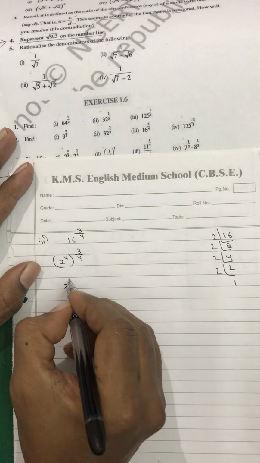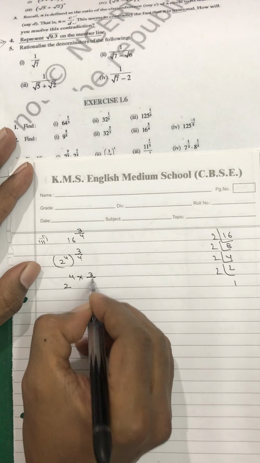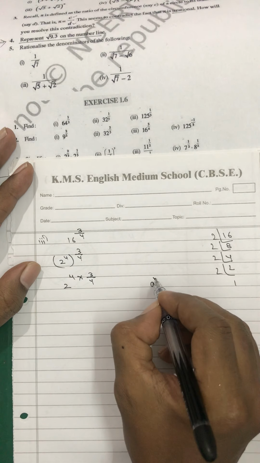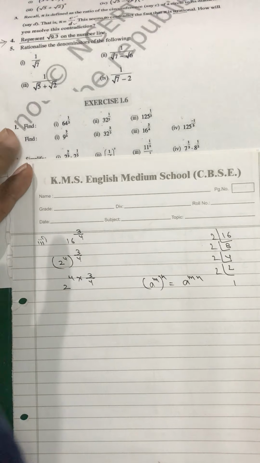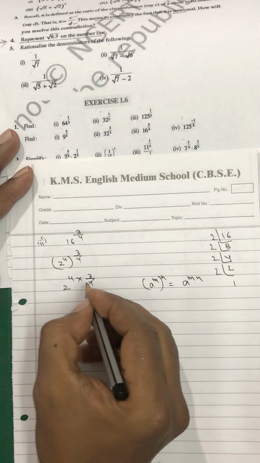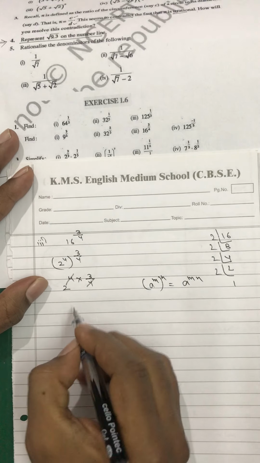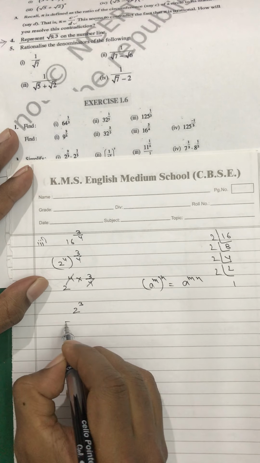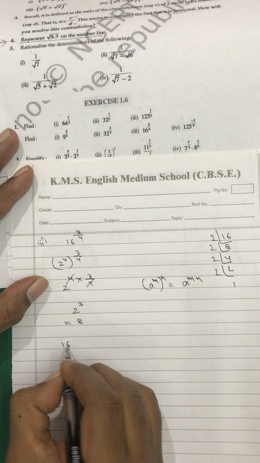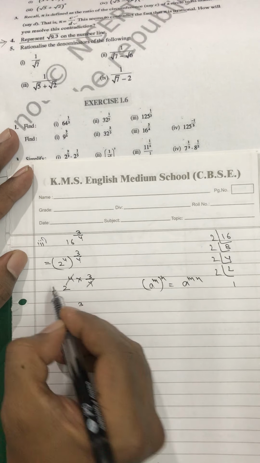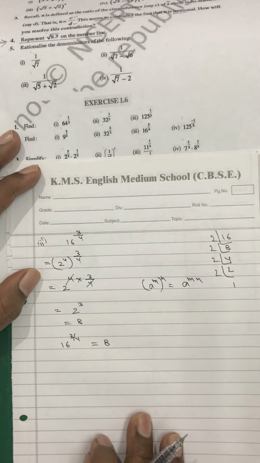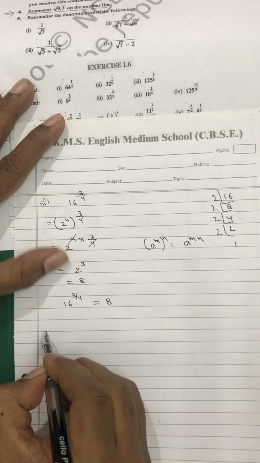Now I will open the bracket, the outer power will multiply with the inner power, because whenever I open the bracket, the outer power multiplies with the inner power, and then 4 and 4 will get cancelled. What I will get is 2 cube, that is equal to 8. So 16 raised to the power of 3 upon 4 is equal to 8. This is the solution found. Fine. Now going to the fourth question.